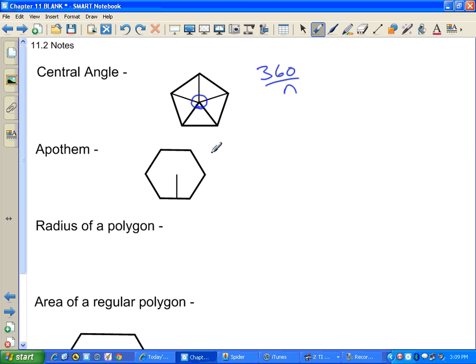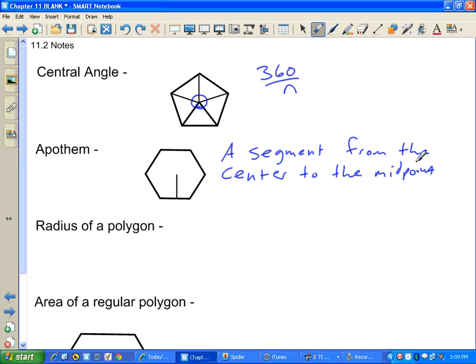Okay, so a segment from the center to the midpoint of a side, and it is perpendicular. Okay, so we have right angles here.